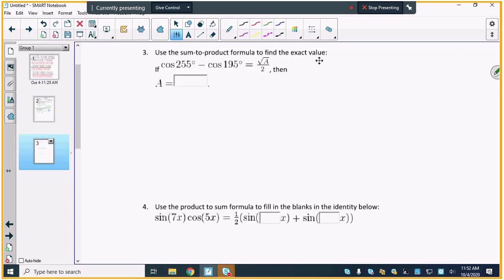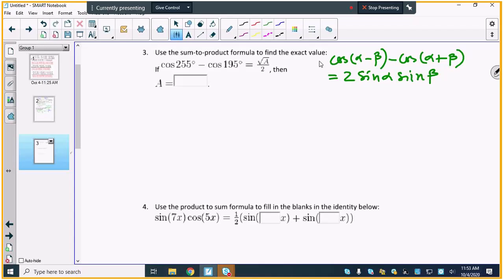Okay, so this problem tells me to find the value of a by using the sum to product formula if cosine 225 degree minus cosine 195 degree is square root of a over 2. Now remember, the formula where you have cosine minus cosine is cosine of alpha minus beta, because it is the third formula, minus cosine of alpha plus beta is equal to 2 sine alpha sine beta.